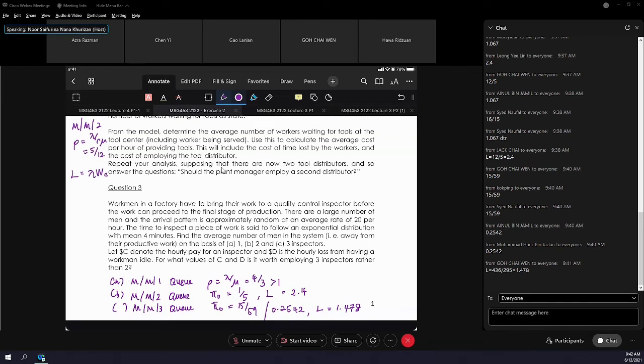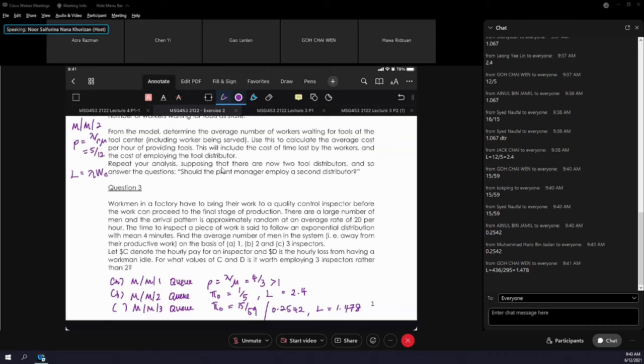Next, we want to find the values of C and D when it is worth employing 3 inspectors rather than 2 inspectors. C denotes the hourly pay for an inspector, and D is the hourly loss from having a workman idle. Does anyone want to share the values?